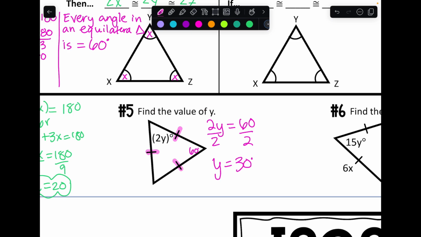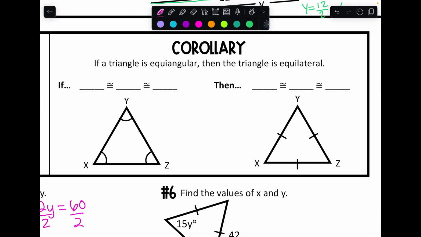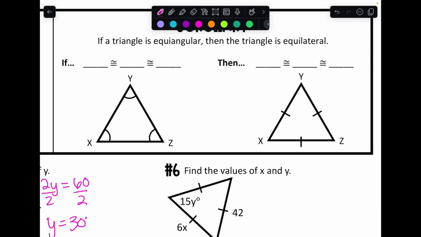All right, let's go ahead and do our last corollary to equilateral triangles. So if I know that a triangle is equiangular, then I can also say that it's equilateral. So if I know that angle X is congruent to angle Y, which is congruent to angle Z, then I can say that XY is congruent to YZ, which is congruent to XZ.